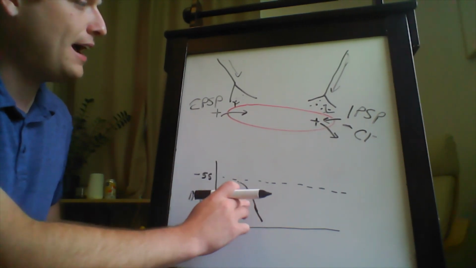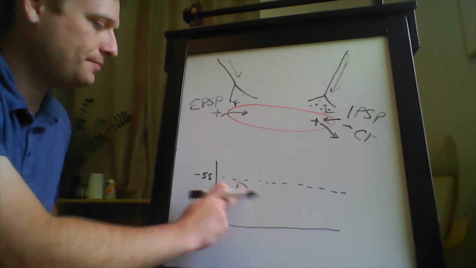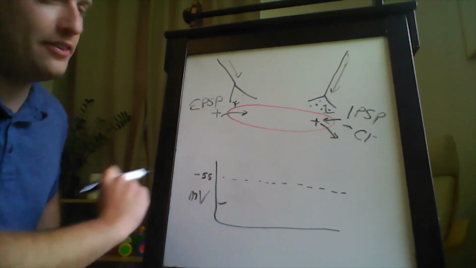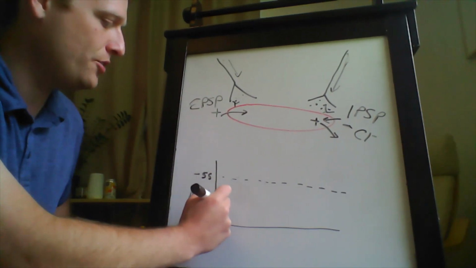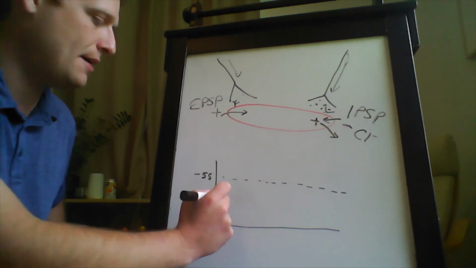And if you add the effects, let's say these have equal strengths. On one side you have an excitatory potential that's happening, on the other you have an inhibitory potential that's happening.